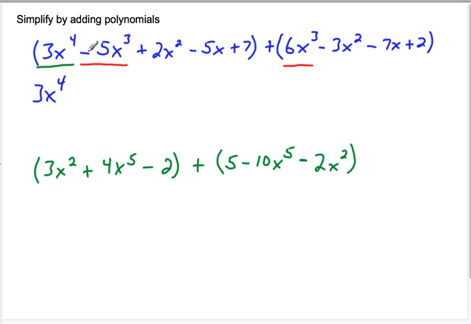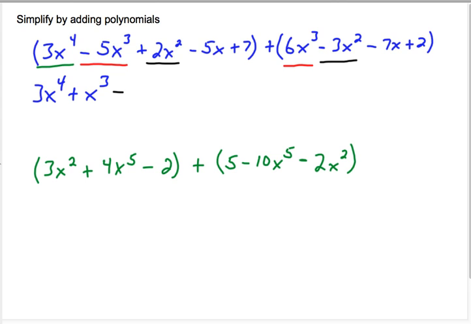So negative 5 plus 6 would be positive 1, so plus 1x cubed, or just plus x cubed. Then we have a positive 2x squared and a negative 3x squared, so 2 minus 3 would be negative 1x squared, or just minus x squared.